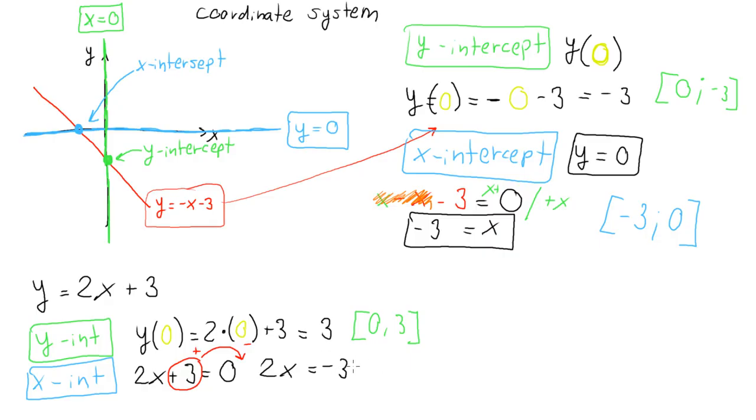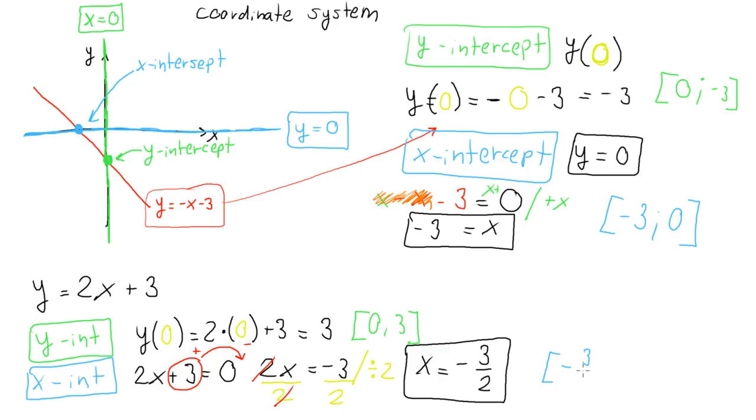And now what do we do? We divide by 2 from both sides. So divide by 2 here and divide by 2 here. The 2's cancel out, and the result is that we have minus 3 halves. That is a result. And then the coordinates of the x-intercept are as so.